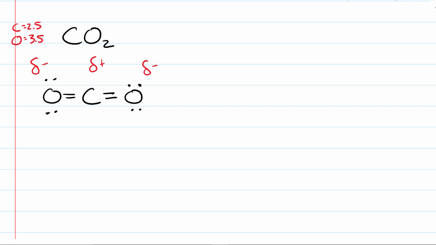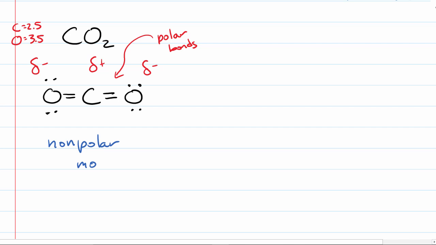Can we do that in this molecule? Is there any way to do that? There isn't. And since there's no way to do that, even though these bonds are polar bonds, the molecule itself is going to be a non-polar molecule. And it's non-polar simply because the partial negative poles are on opposite sides of the molecule.